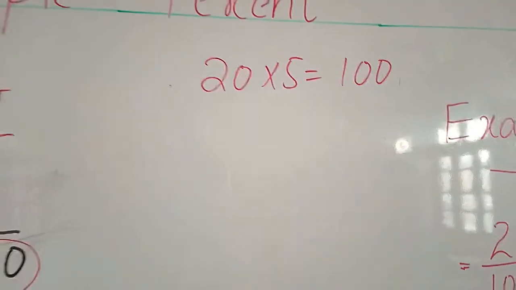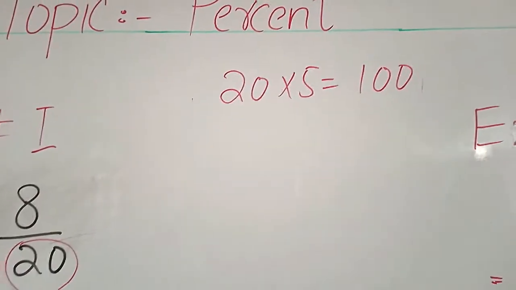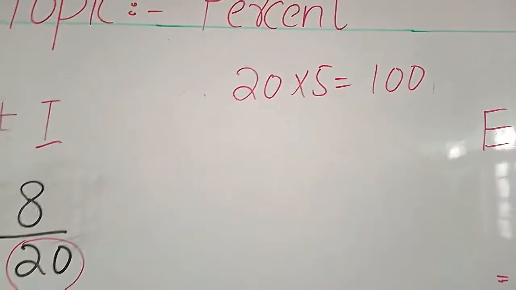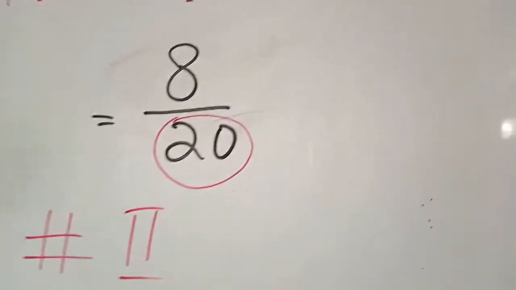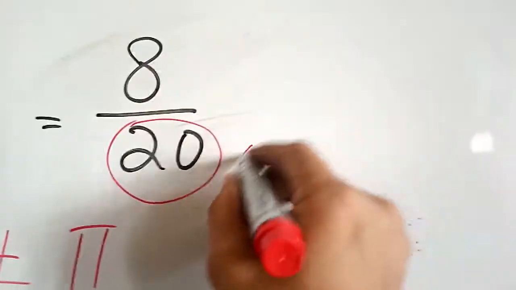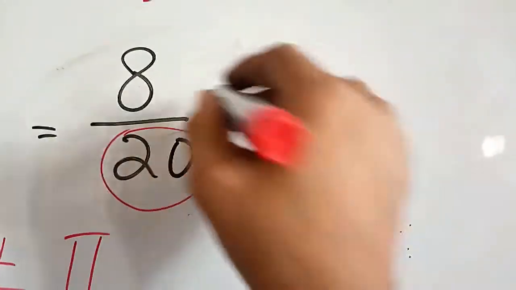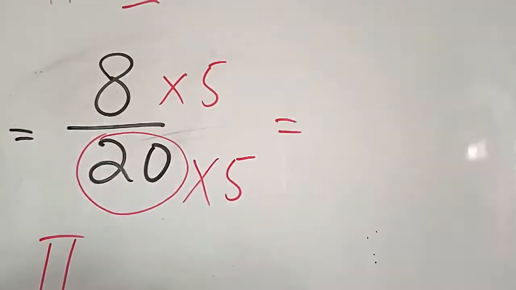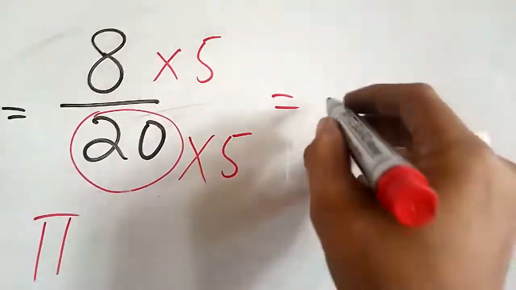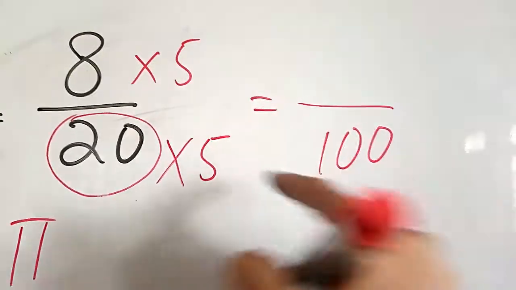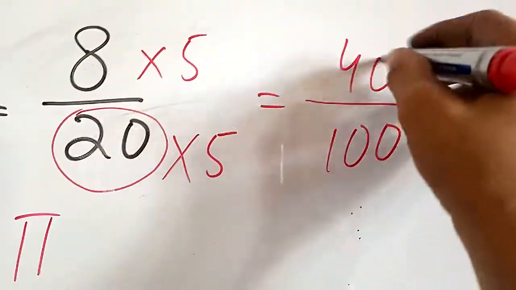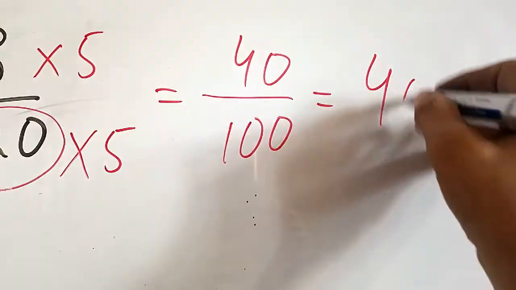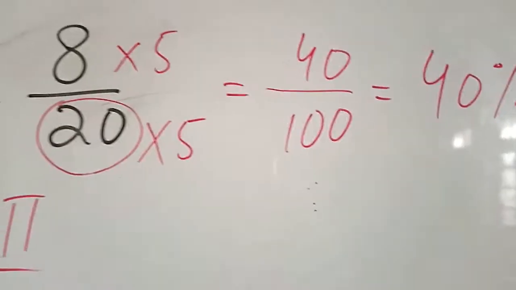It is an important point that 25s are 100. It means we have to make this denominator 100 by multiplying with 5 and also multiply the numerator with 5. Now 25 fives are 100 and 8 fives are 40. It means we are having 40% of the given number.